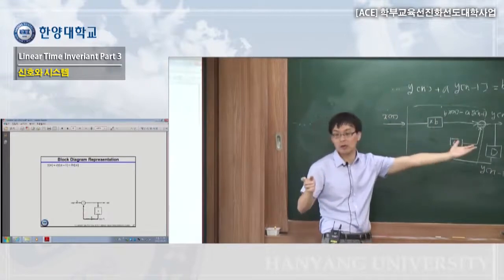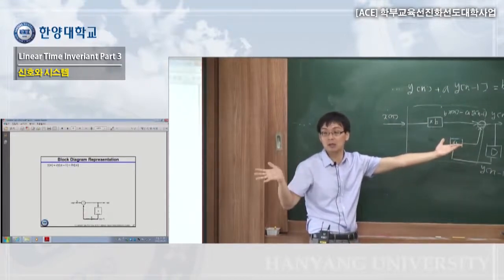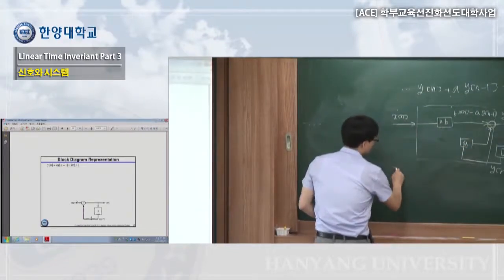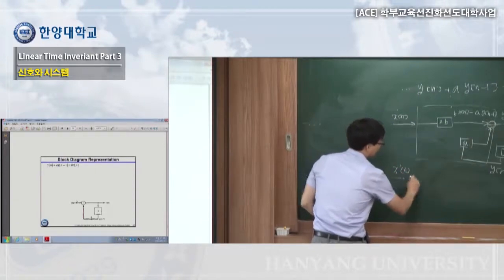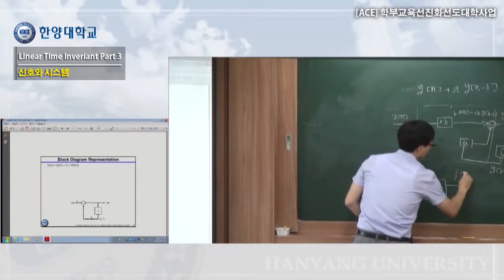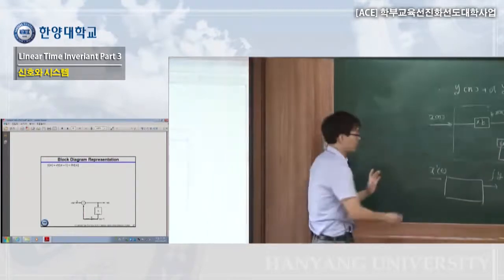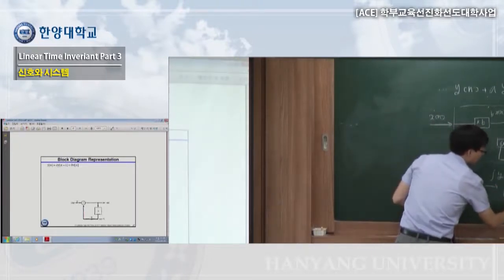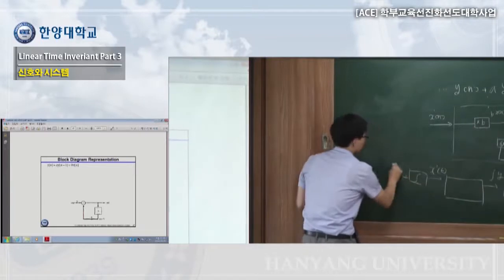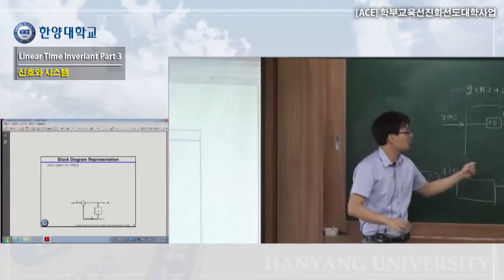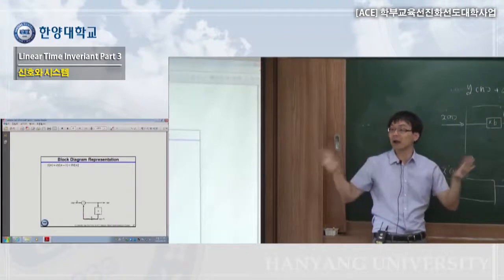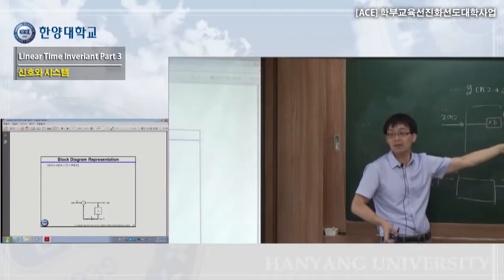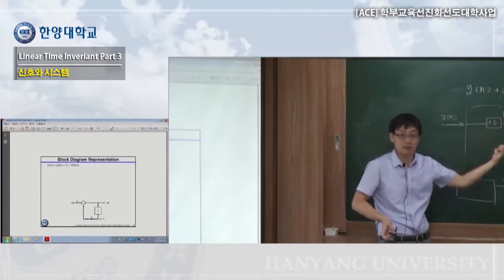Or integration of x as input, differentiation of y as output. You can have multiple choices, because if you consider differentiation of x as an input and integration of y as output, you can always have something called an integrator, or something called a differentiator, to get y and x. What I'm saying here is that you don't always have to select x and y as the input and output of the box.